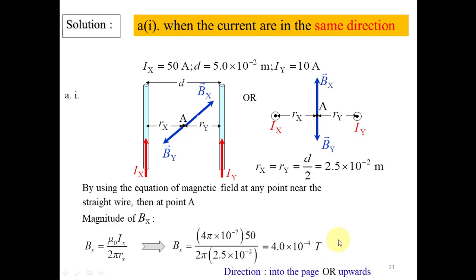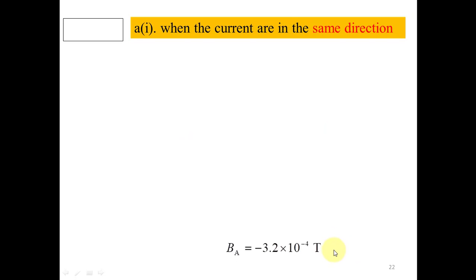In this case, it's either into the page or upwards. If you draw the second diagram, you must say it is upward. If you draw like the first diagram, it is into the page.